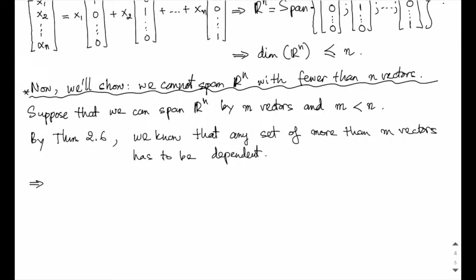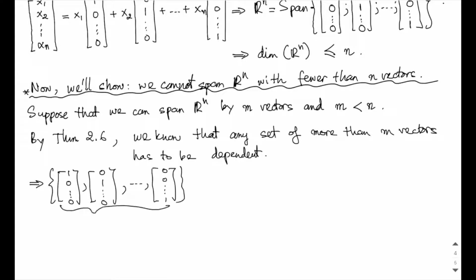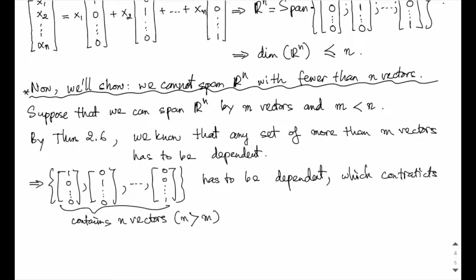It implies that the collection of these vectors, which contains n vectors, and n is more than m, has to be linearly dependent. But this contradicts the fact that these n vectors are independent. If you set up the dependency equation, you will see it right away.